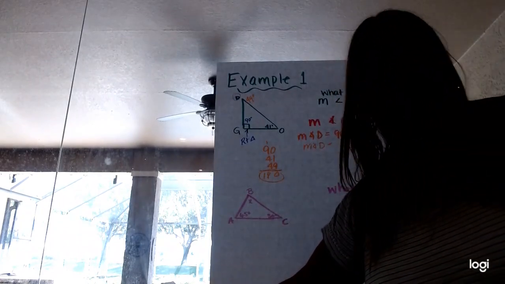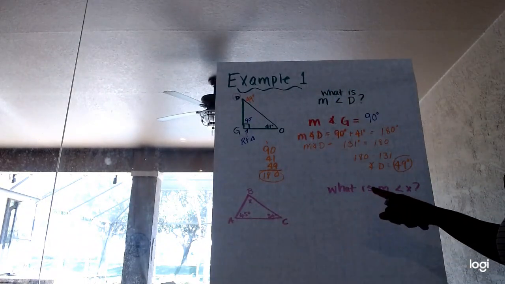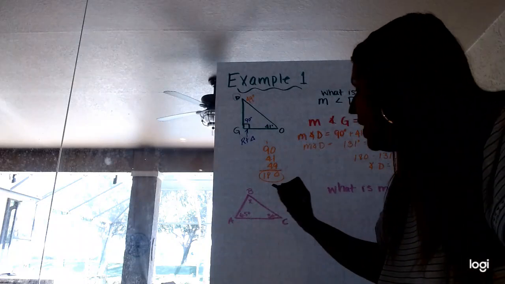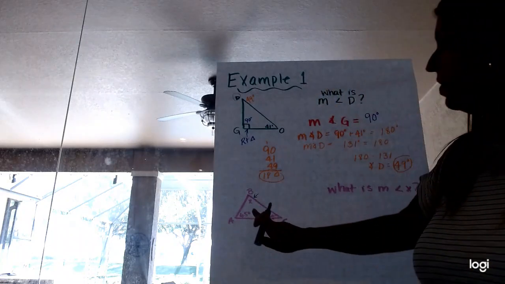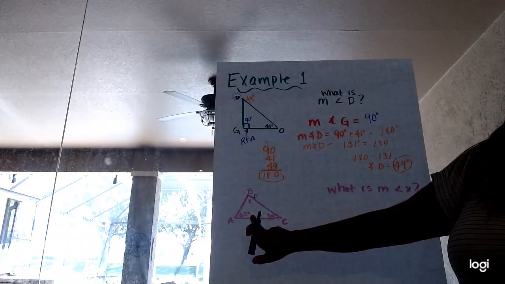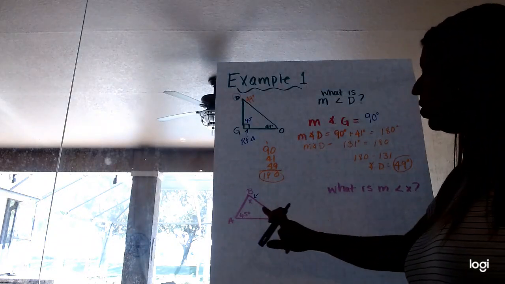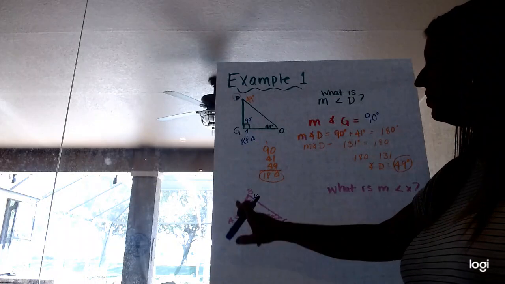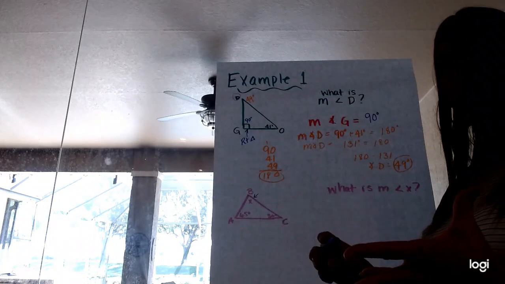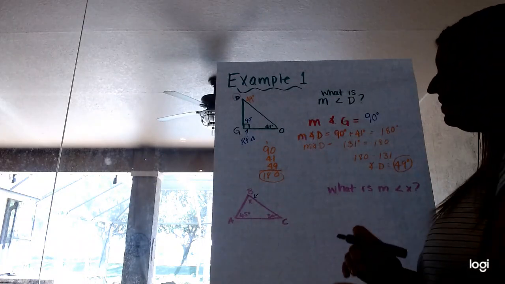Now on the second one, I want to look at what is the measure of angle X. So I am trying to find this right here. I know 65 degrees and I know 30 degrees. I'm trying to find my unknown. This plus this is going to give me how many degrees? It's a triangle. So if I were in class, I would call on someone, they would tell me it equals 180 degrees.